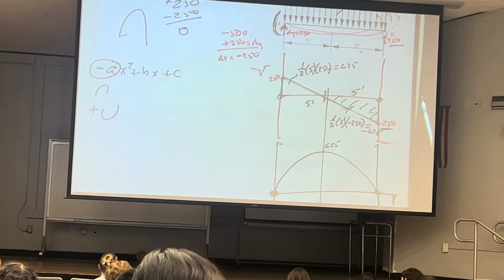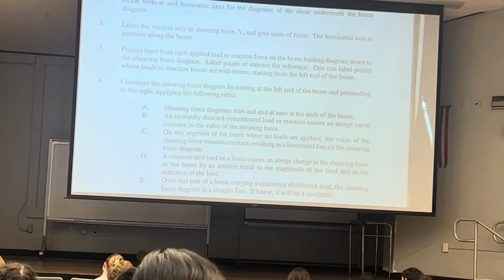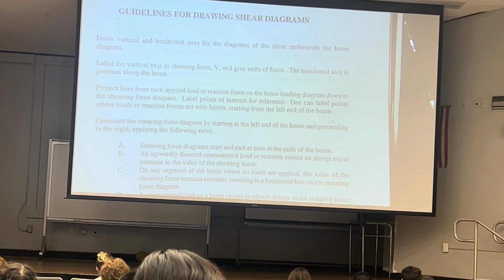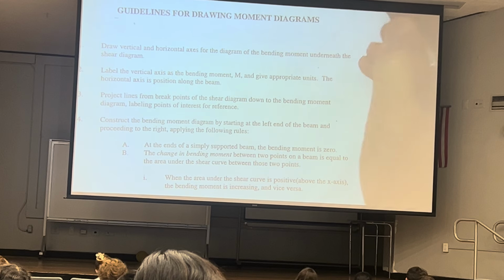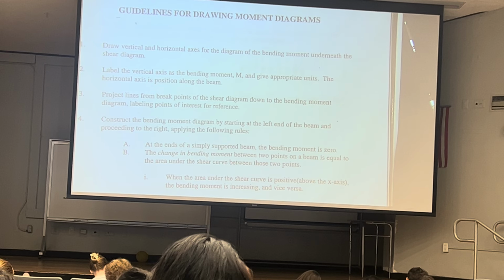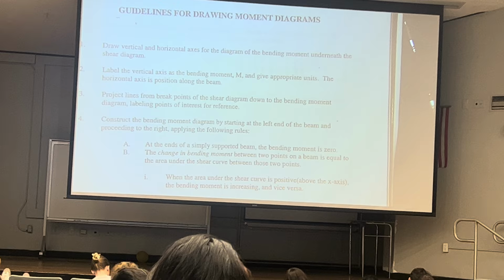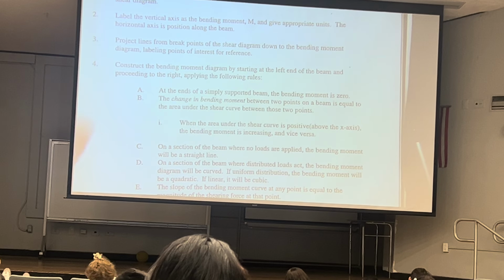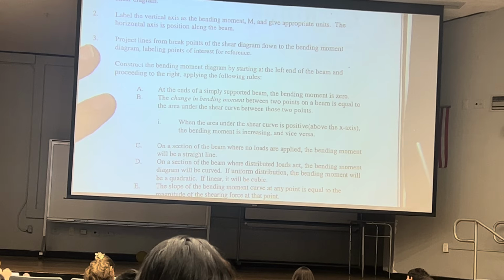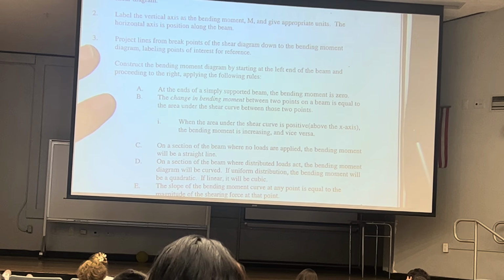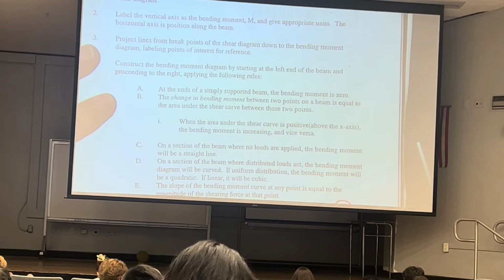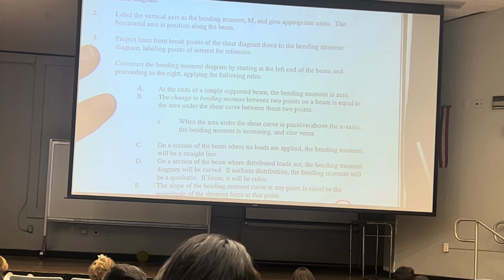Right? Algebra. Now, I do want you to pay attention to page 147 and 148. There's some key features there. You need to read this carefully. Example on page 148. When a concentrated moment is clockwise on your beam, the moment diagram rises. And if it's counterclockwise, it falls.